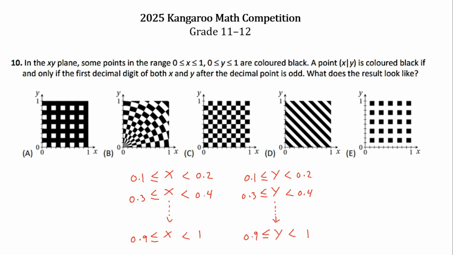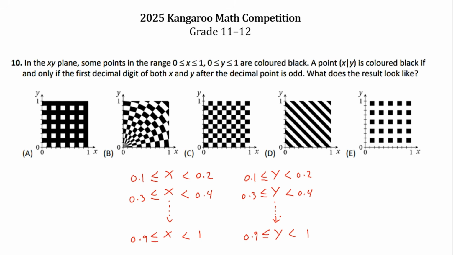Now notice that if you get any value of x on one of these intervals, any value of y on one of these intervals, the digit that follows the decimal point is always odd, right? So these points that we create using these intervals satisfy the given conditions.